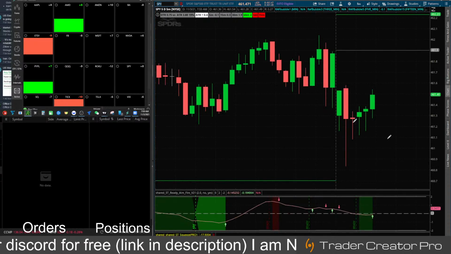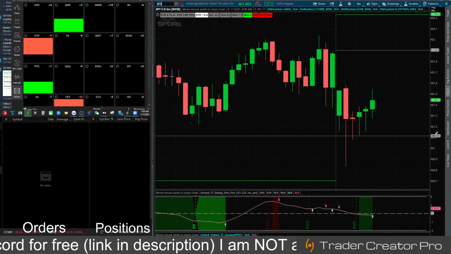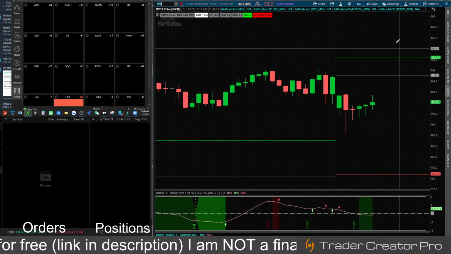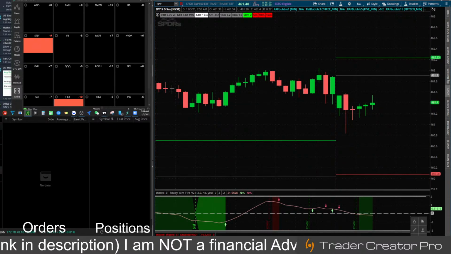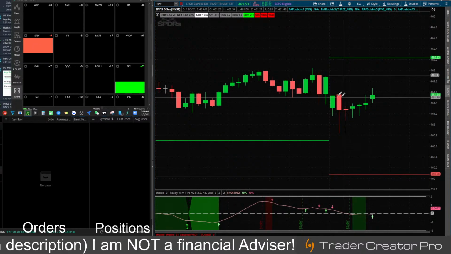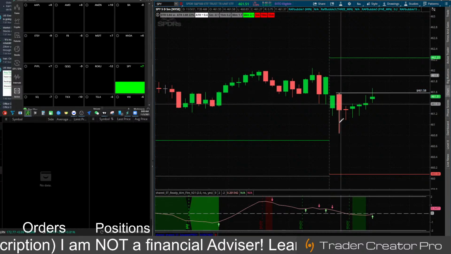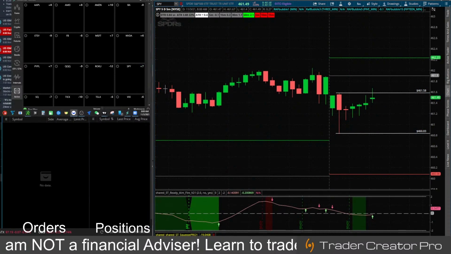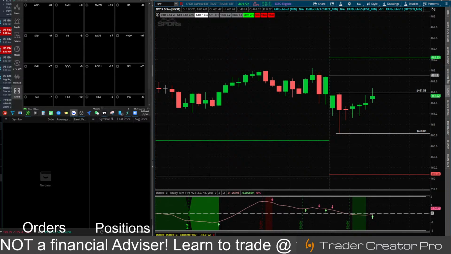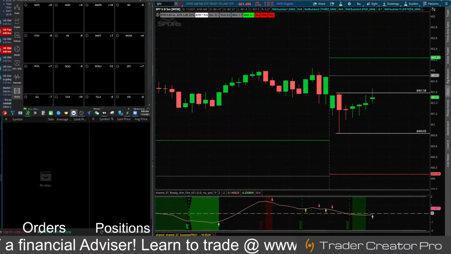So when the markets aren't moving very much, like when SPY's not moving very much, we're stuck in a pretty tight range here. These lemonade calls are really holding up.